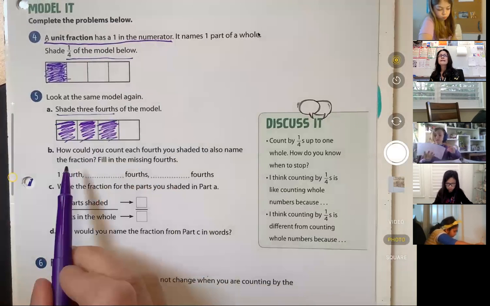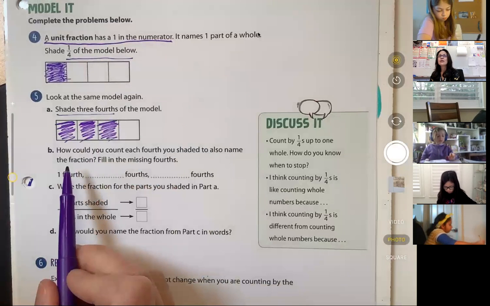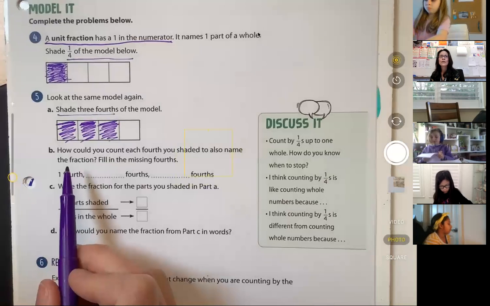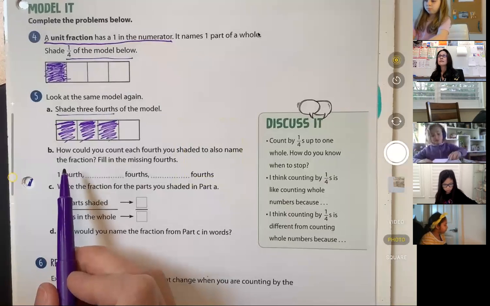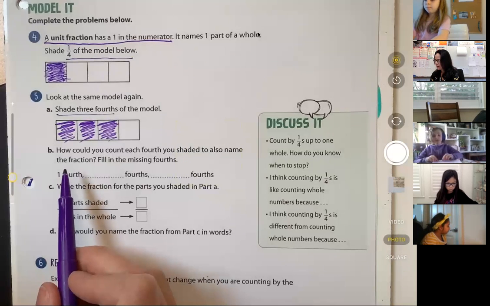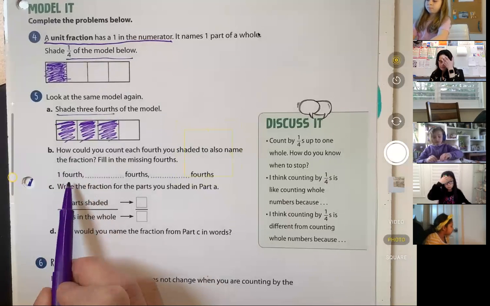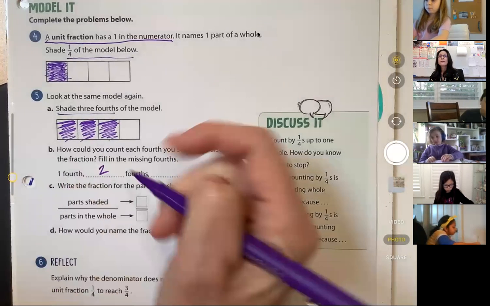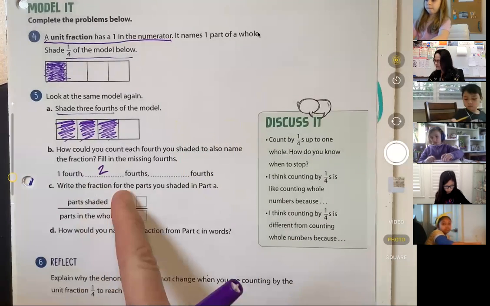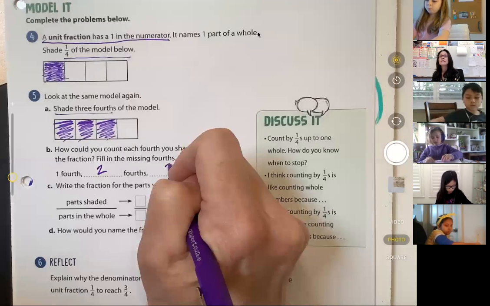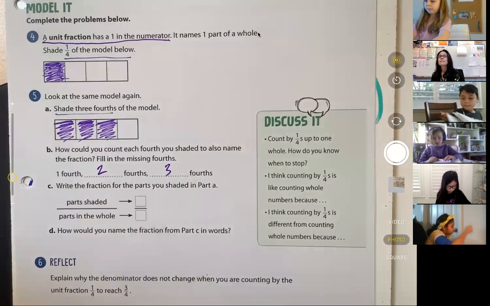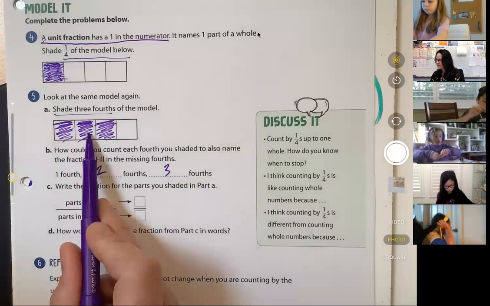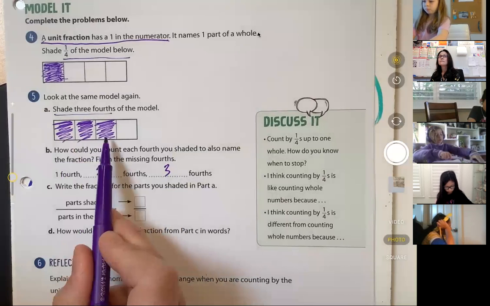On question B, it is saying, how could you count each 4th you shaded to also name the fraction? How could you do it? Well, let's do it now. So 1/4, and then 2/4, and then 3/4.